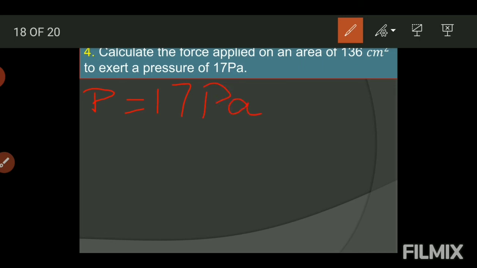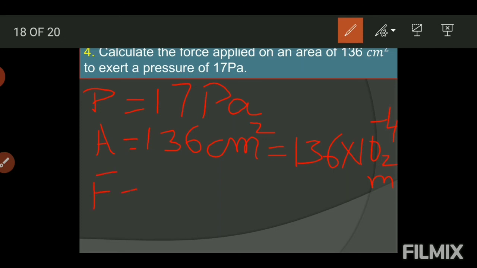I just assume that every one of you have by now remember the formula. For area, again you can see it is given in centimeter square. So now we know 1 centimeter square is 10 to the power minus 4 meter square. So you simply multiply 10 to the power minus 4. So now both of them are in SI unit.